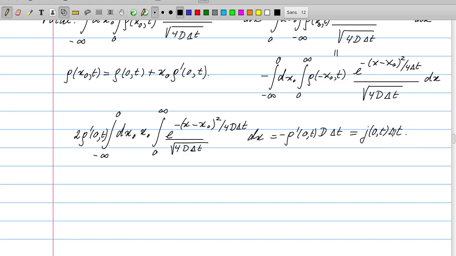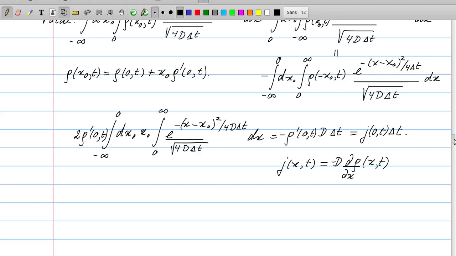But of course there is nothing special about the point that we have taken. We have now taken the point x is 0. We could have taken any point, and therefore we have in general that the flux j as a function of x and t is minus D times the derivative of rho with respect to x at x and t.